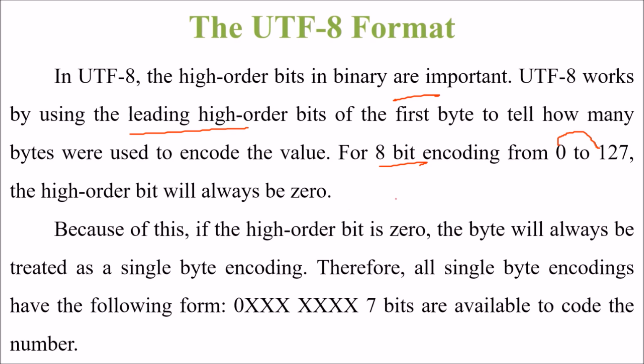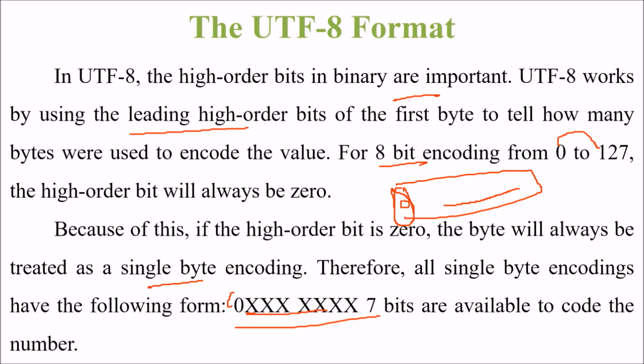If the higher bit of a byte is 0, the byte will always be treated as a single byte encoding. It can be any combination of the remaining 7 bits, which are available to code the number.